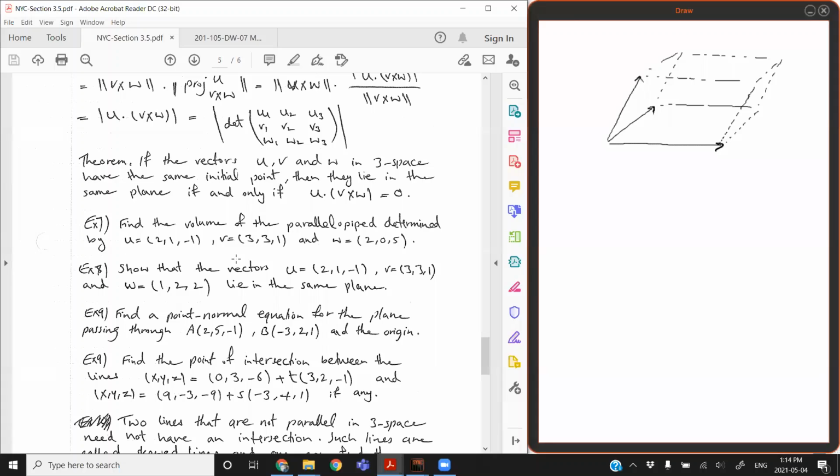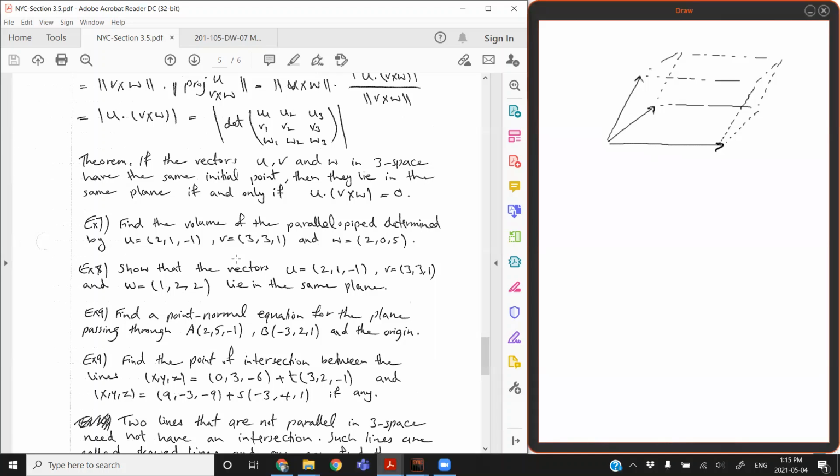And I would be able to get the volume of that parallelepiped by just calculating a determinant. But if these 3 lie in the same plane, and I try to calculate that volume, I would get 0. So if I get 0, I know that it's a flat object and it has no volume. So that means that the 3 vectors lie in the same plane.